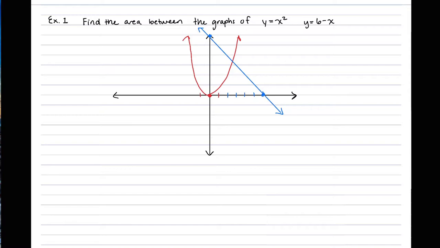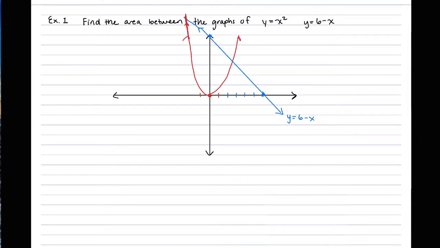Okay, we need to find the area between the graphs. So it looks like they're going to intersect in two places, and I should extend the graph of the parabola up to where they intersect. There we go.